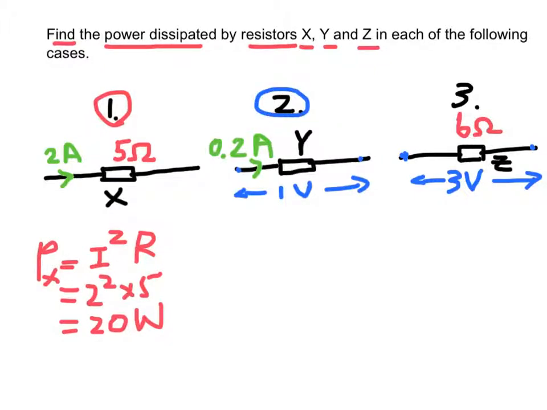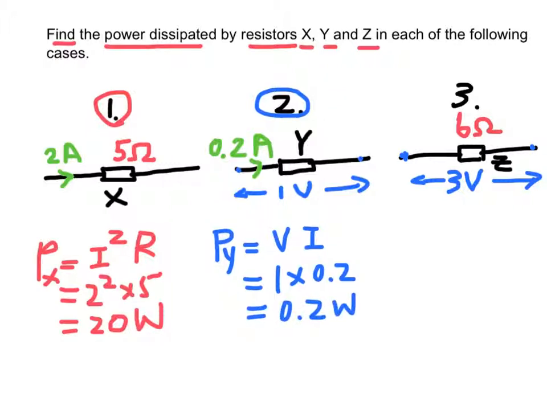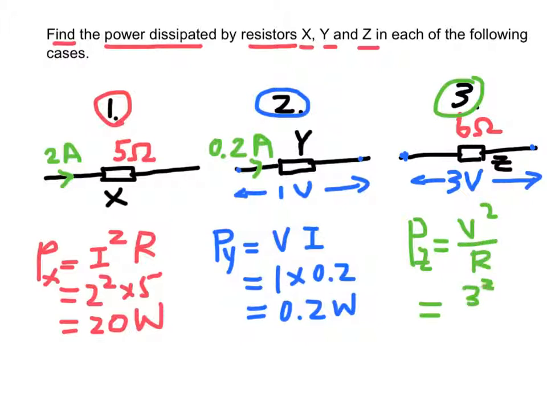For case 2, the power dissipated by Y, Py, equals VI, equals 1 times 0.2, equals 0.2 watt. For case 3, the power dissipated by Z equals V squared over R, which is equal to 3 squared over 6, equals 1.5 watts.